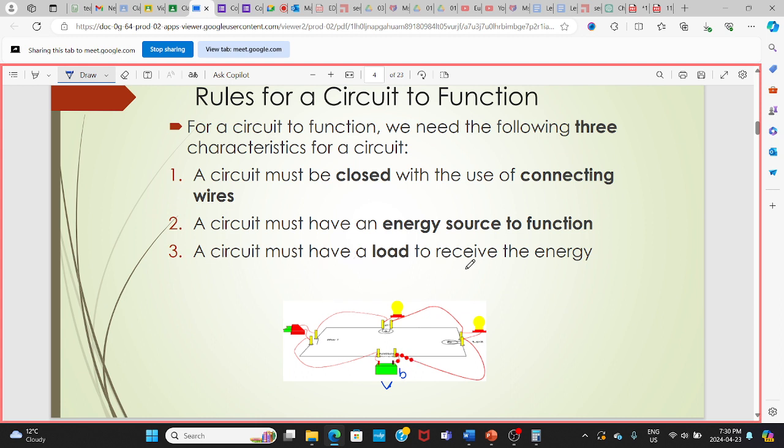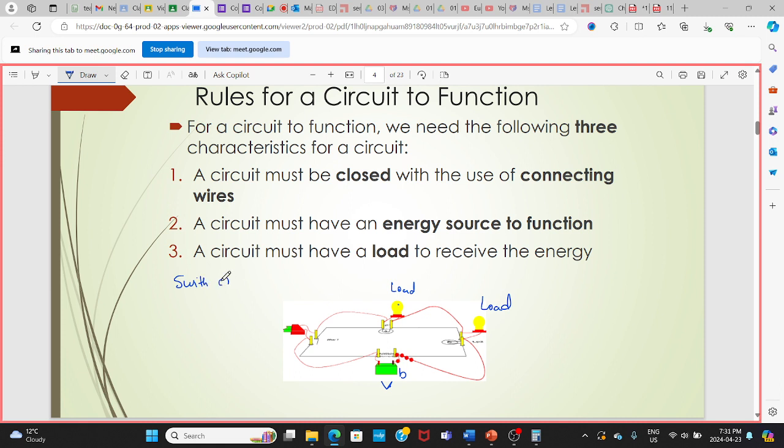A circuit must have a load to receive energy. So I see that there are different loads here. This is the load. These are light bulbs, we call it load. Electricity turns into light. And here are switches, on and off. When the switch is on, it means the path is closed.